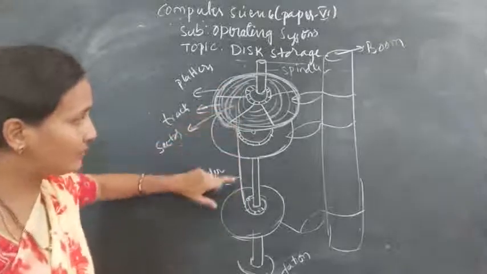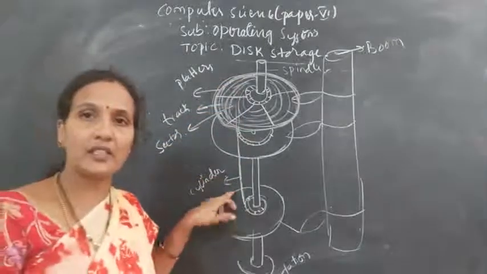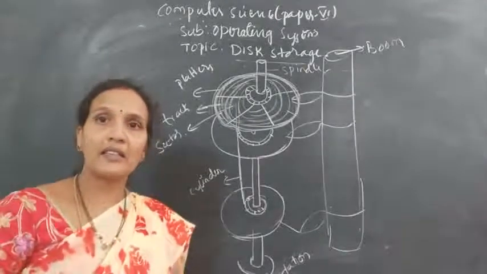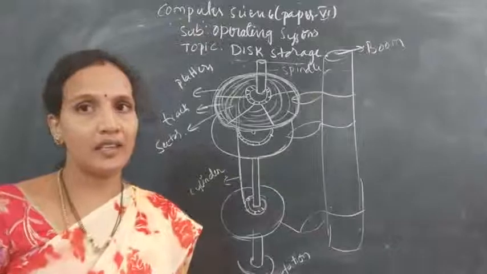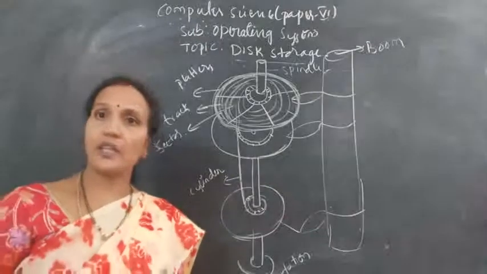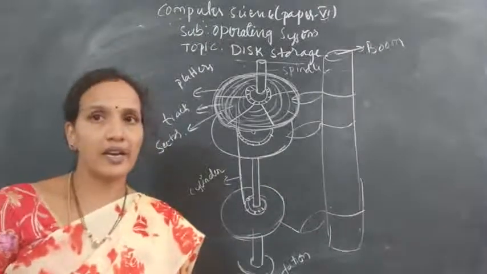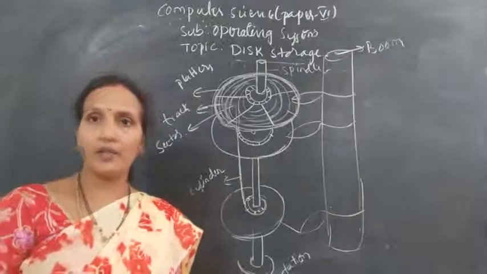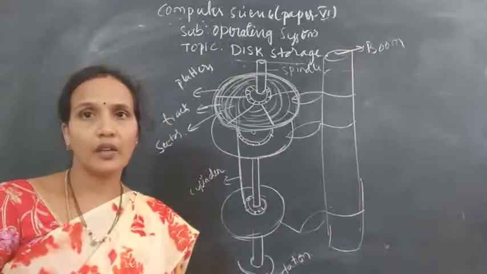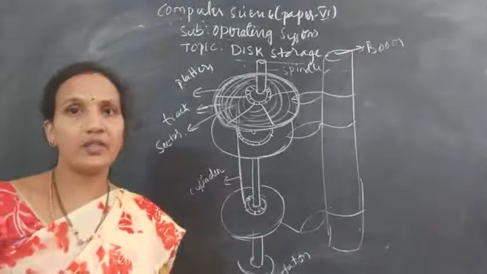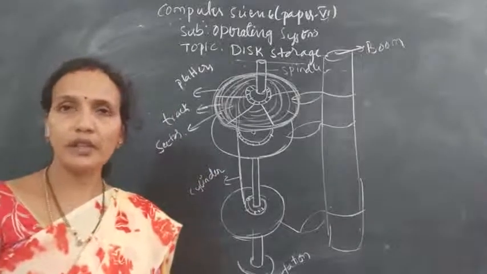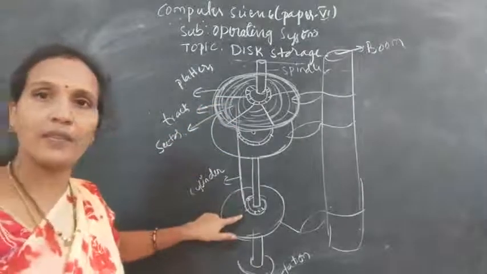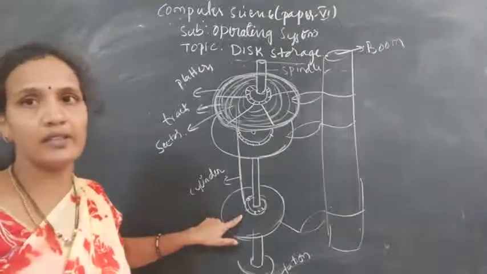The same track on them forms a cylinder. Clear? Tracks at the same position are the cylinder. Each cylinder is identified with a number. With the cylinder number you can also identify the track, and if the track is identified, it is easy to identify the sector. So each track at the same position is a cylinder.